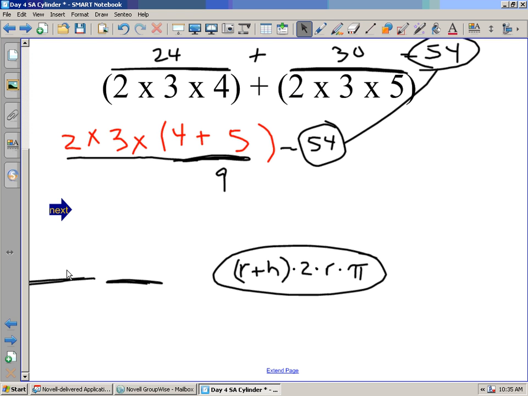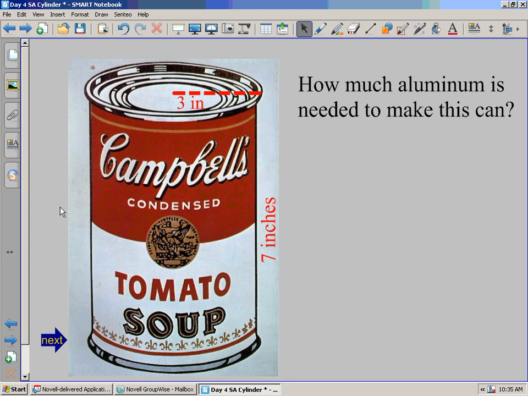All right, now what I'd like you to do is take out a single sheet of paper. On the single sheet of paper, it may help to write that formula out again. Radius plus height times 2 times radius times pi. Now, all we have to really identify in this problem is what is the radius and what is the height.